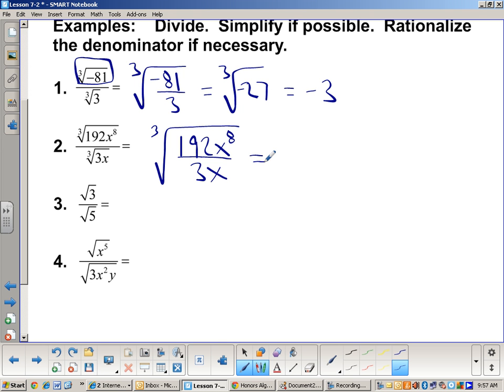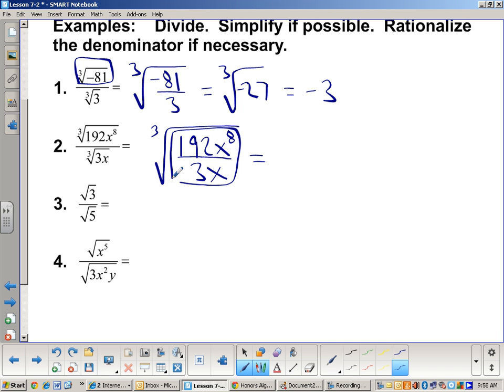What can I do now? Don't we have to reduce the 8 or something? Okay, how do I do that? Why don't we simplify what's in here first, though? You're saying 192 divided by 3 is 64.